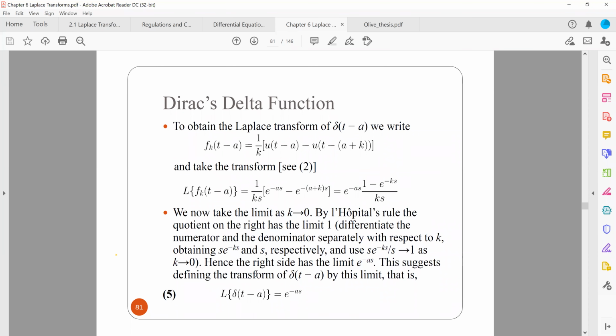So to obtain the Laplace transform of this unit impulse function, this is how we write it.